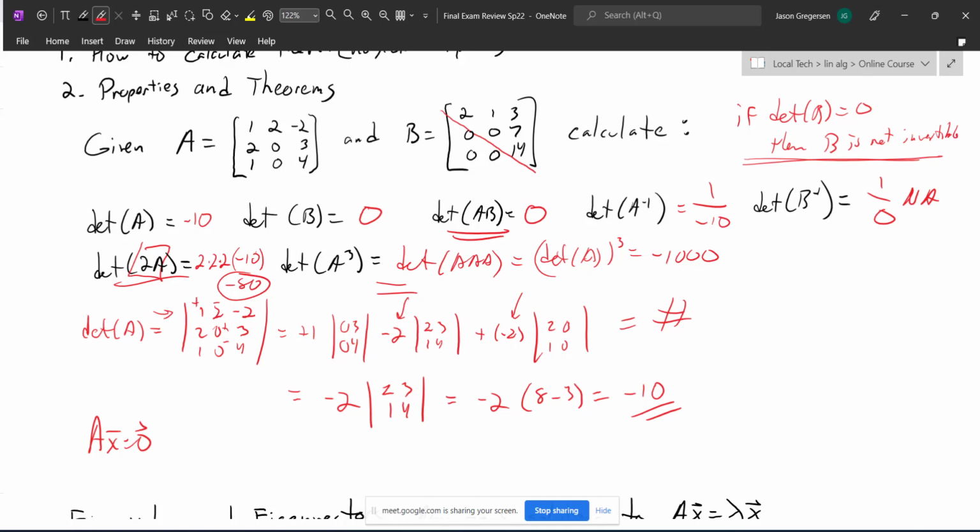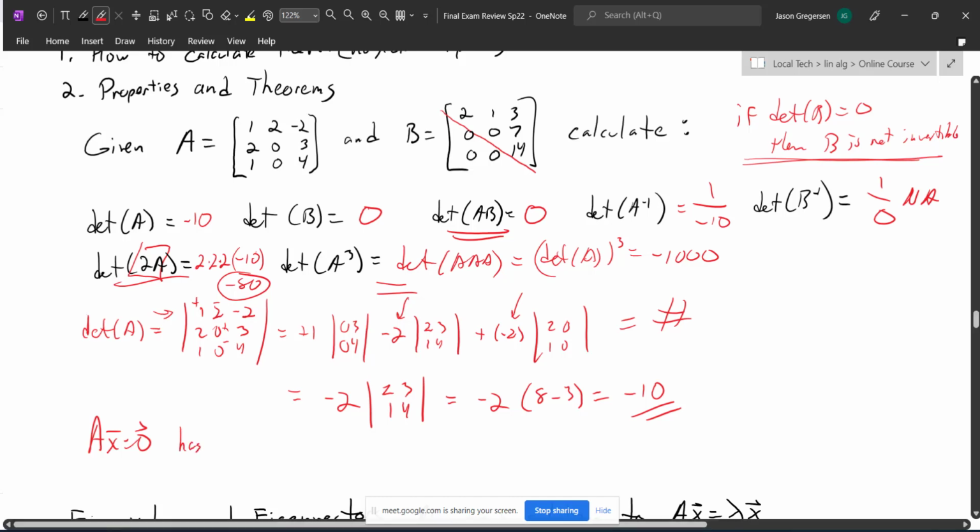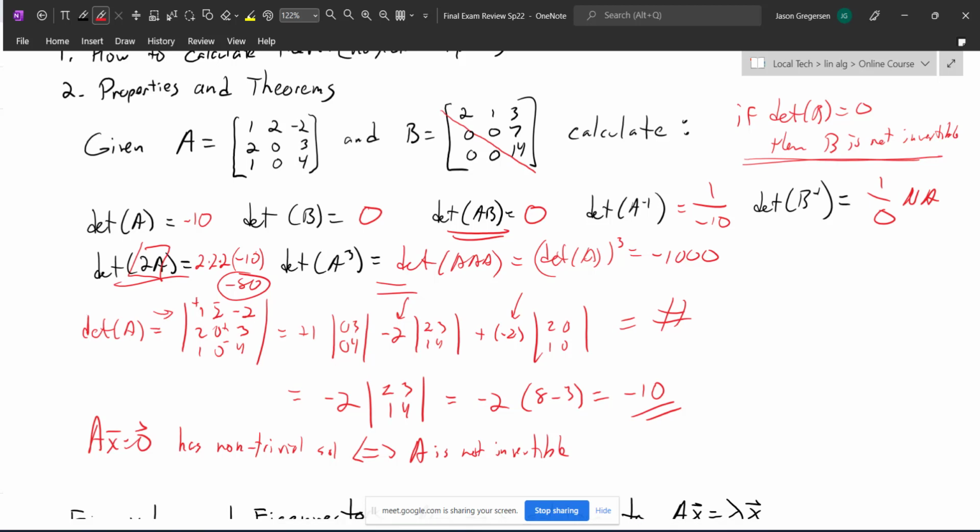And it turns out that AX equals 0 has non-zero, or non-trivial, solutions if and only if A is not invertible. Because if A was invertible, we'd multiply both sides by the inverse, and we'd get the only solution, which would be x equals 0. So we have other solutions only if A is not invertible.